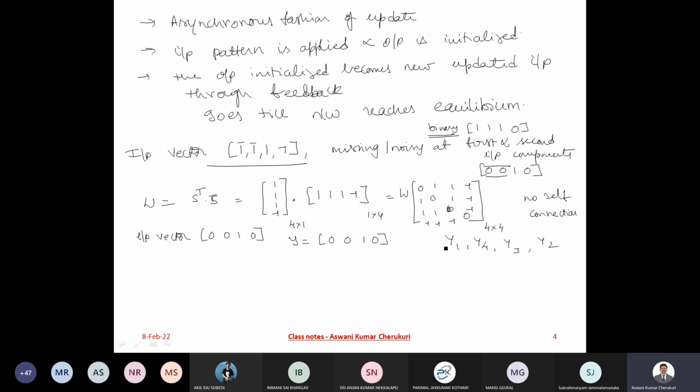Okay, imagine that this is my order. First node, then fourth node, then third node, and then second node. So now what I'm going to do is choose the Y1 unit for update.